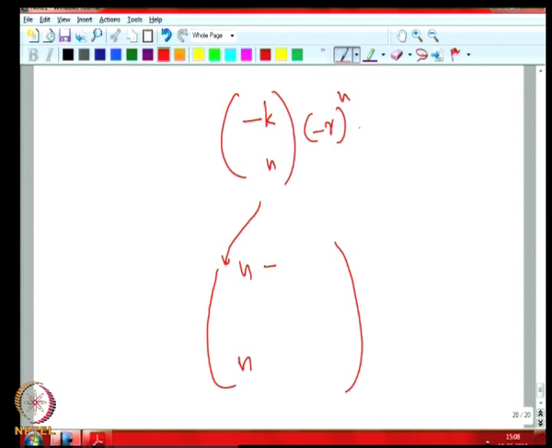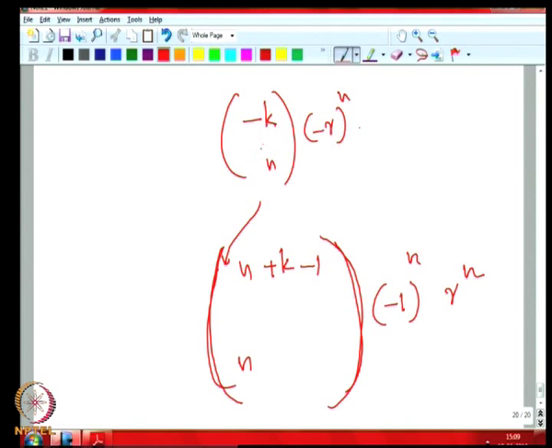We have learnt this trick of changing the sign, which we studied when we studied the binomial coefficients carefully, especially the generalized binomial coefficients. So this is the same as this, and this became minus 1 raised to n into r raised to n.